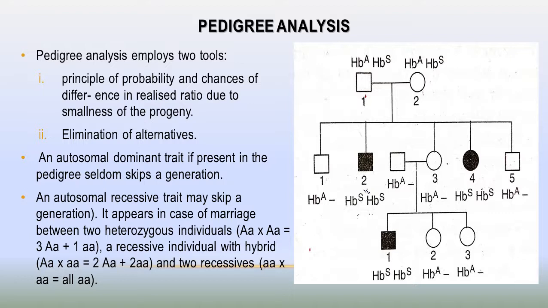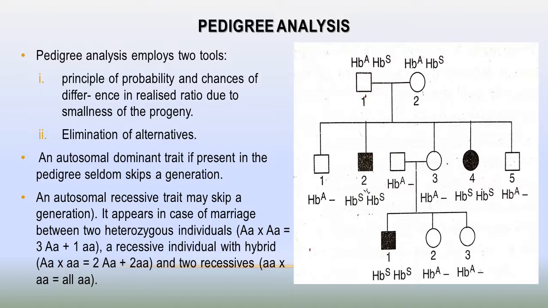The first male, who is unaffected, has genotype HBA and then either HBA or HBS; it depends upon probability. But the second individual, who is affected, has both HBS and HBS genes, so both are affected genes. That's why it is sickle cell anemia.